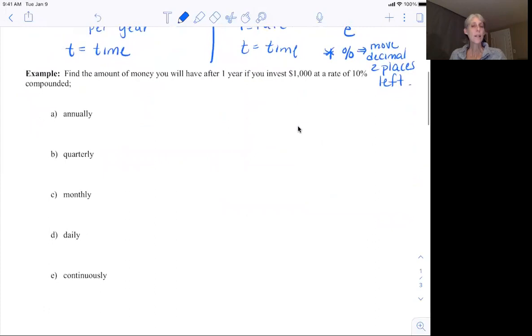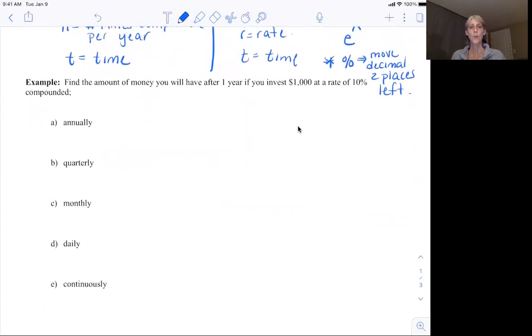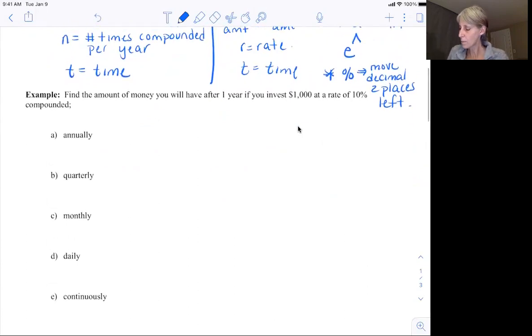In the first set of problems here, all we're going to do is find the end result, the amount of money. We're not really solving equations right now, we're just inputting into our formula. Find the amount of money you will have after 1 year if you invest $1,000 at a rate of 10%.